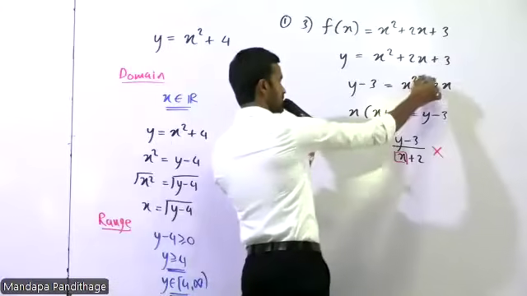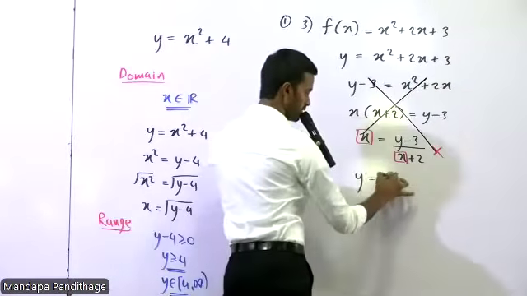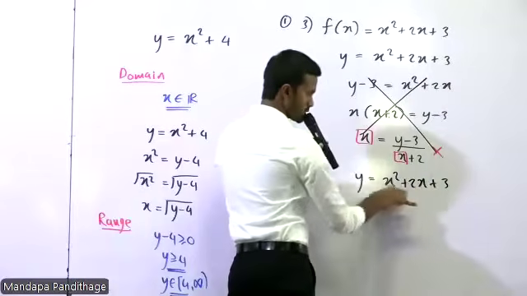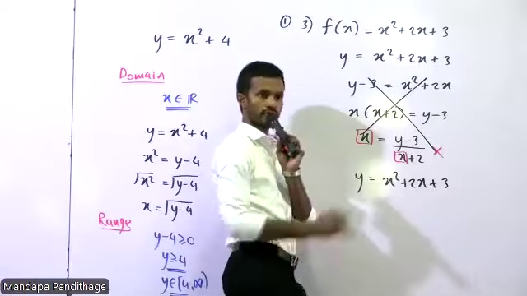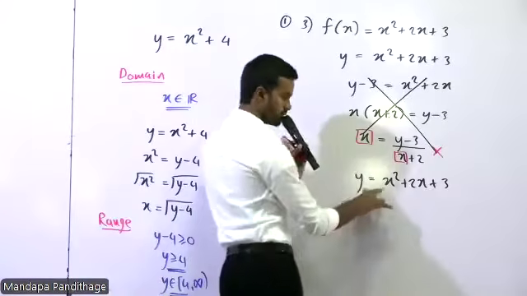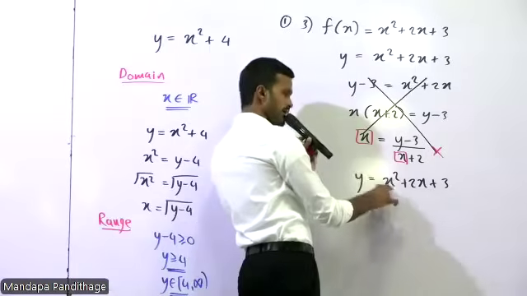So this is wrong. You have to think of a way: how can I take this x squared and 2x to one place? That is how we should approach a question. You have to think, what is my objective? My objective is to subject x here.